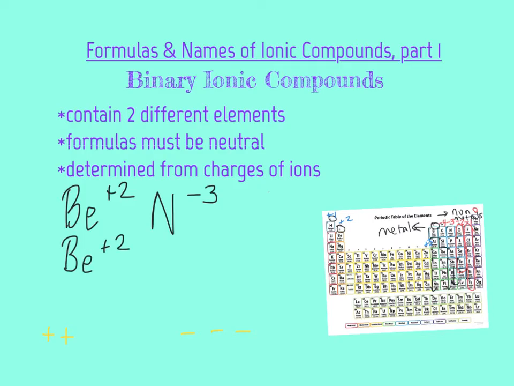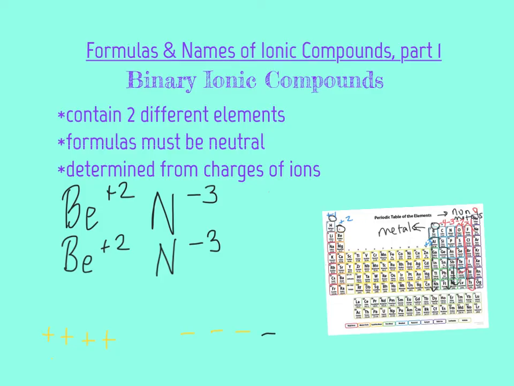So what did I add to my column over here? I have 2 more pluses here. Oh wait, what's now happened? Are we equal yet? Do we have the same amount of positives and negatives? No. So now I need more negatives. So I'm going to add another nitrogen ion. That added 3 more negatives.